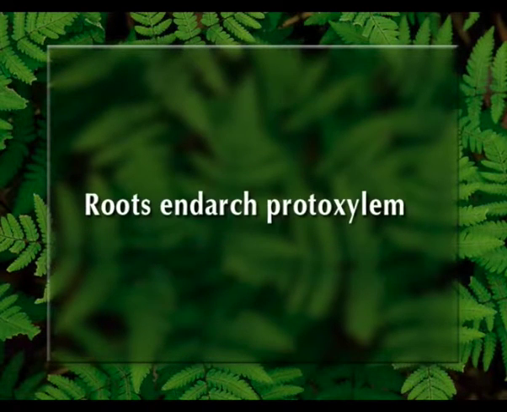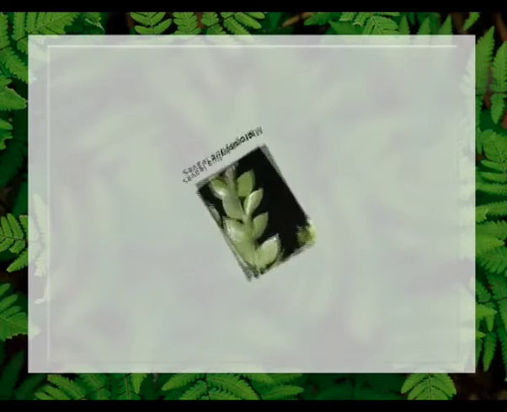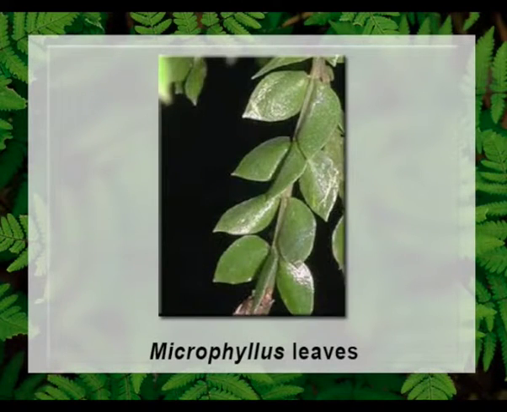The roots of Lycophytes have an endarch protoxylem. The stems have an exarch protoxylem, just the reverse of the roots. Lycophytes have a sporophyte leaf structural type known as lycophyll.